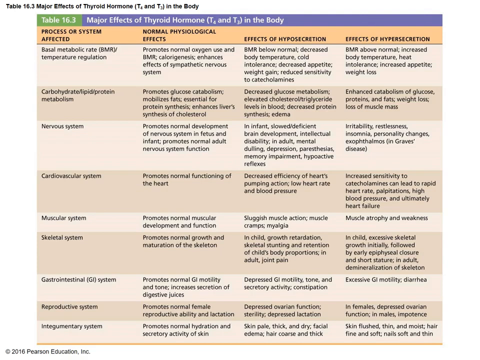This table is showing the major effects. As you can see, there are a lot of different effects of the thyroid hormone on the various systems. What the normal effect is, and then what happens when you are not secreting enough, or if you're secreting too much. So hypersecretion is too much, hyposecretion is not enough.